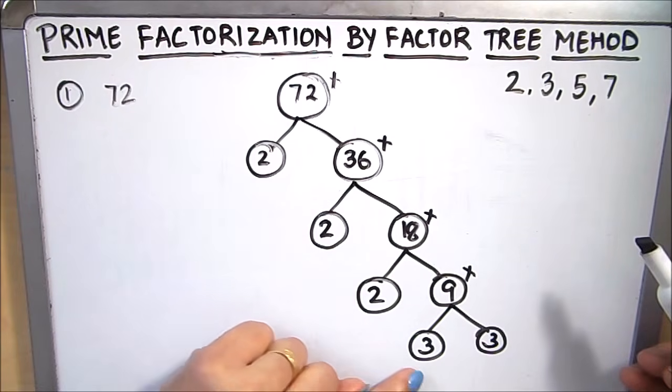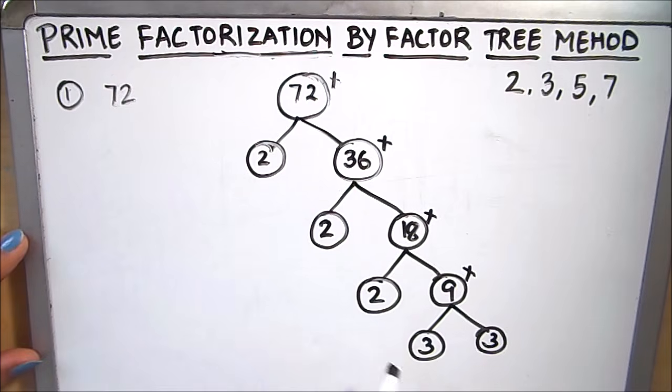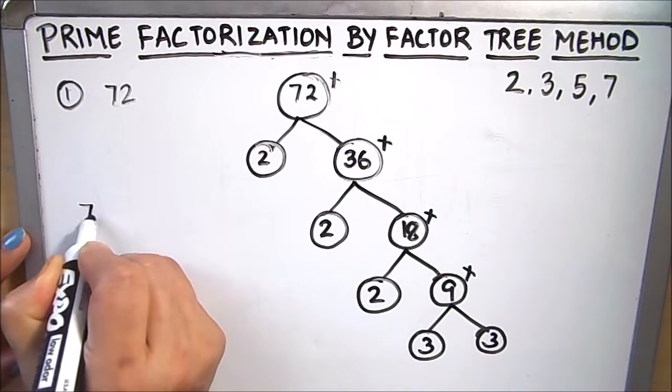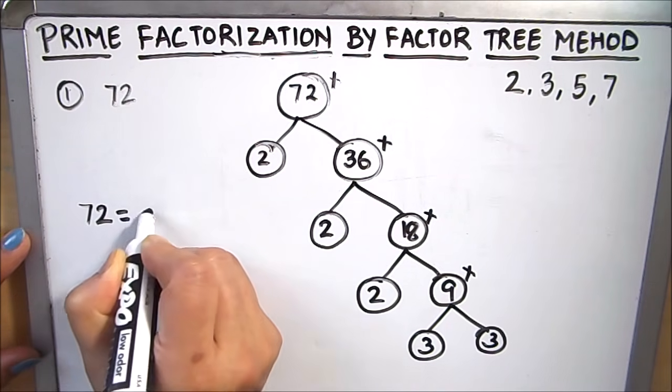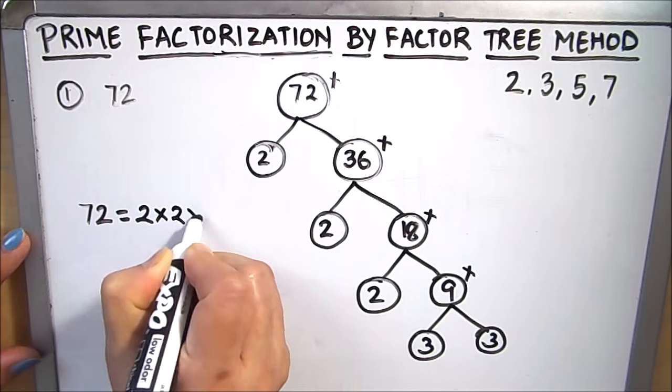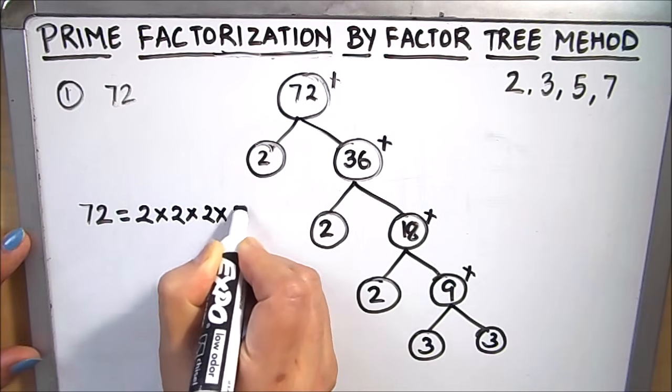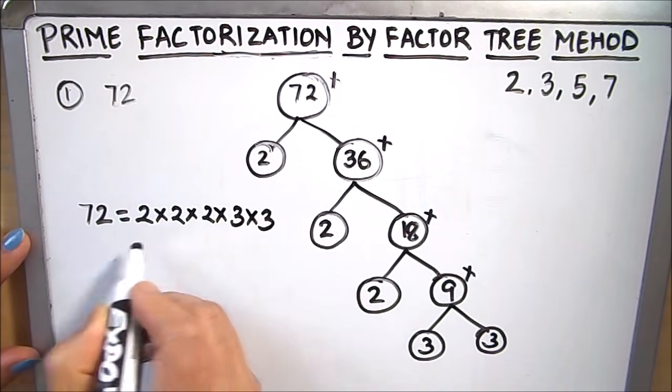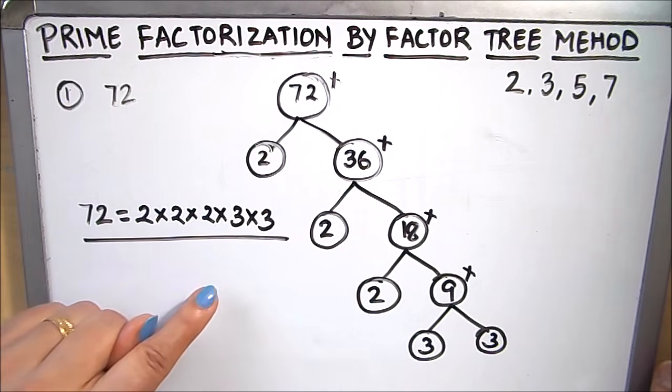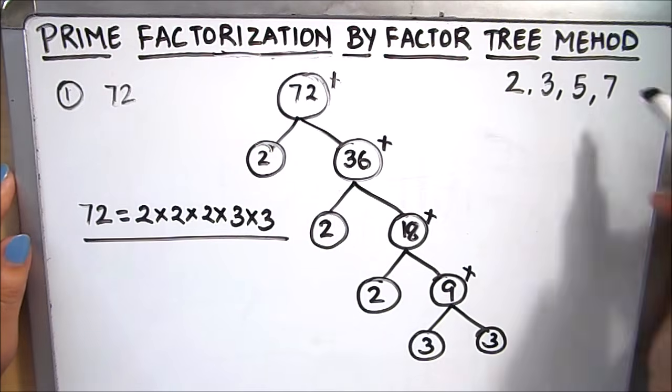Factors are the numbers in the lower level of the tree. So the prime factorization of 72 is 2 times 2 times 2 times 3 times 3. These are all the prime factors of 72 using the factor tree method.